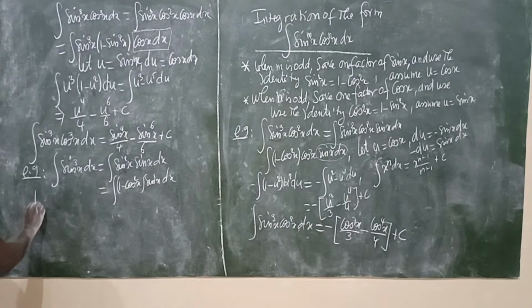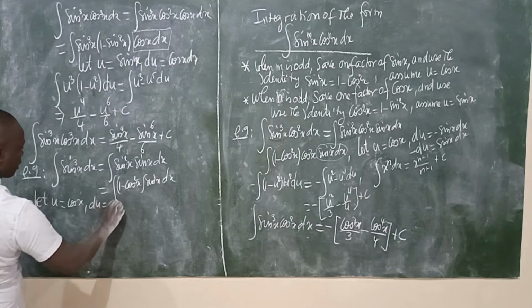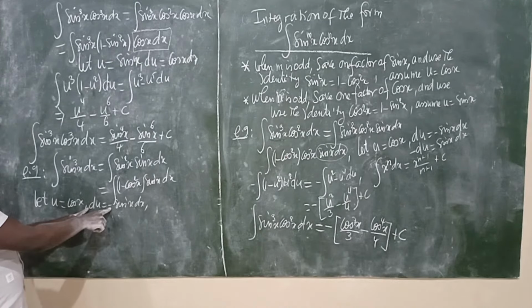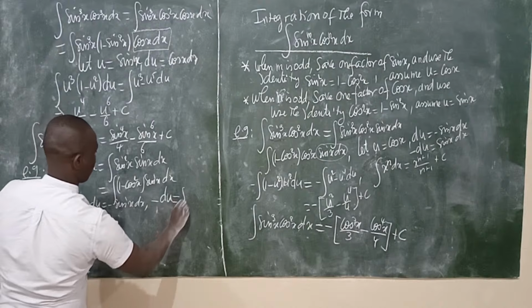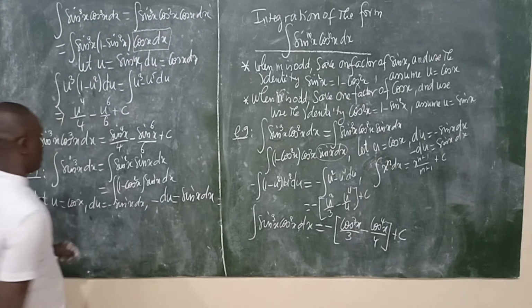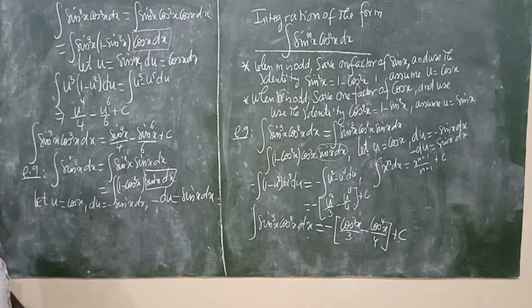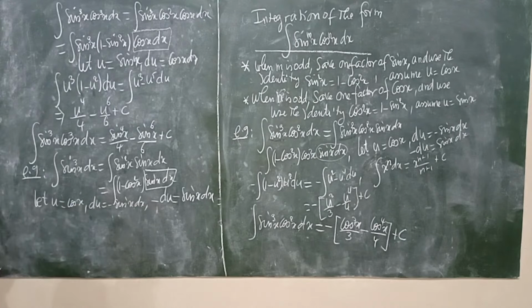Using u substitution, let us assume u to be cosine x, du will be minus sine x dx. Because here is minus, let me multiply this minus here, so minus du will be sine x dx. So all of this will be replaced by minus du. Because we are multiplying by minus, let's take this minus out of the integral sign to be minus the integral of 1 minus u^2 du.